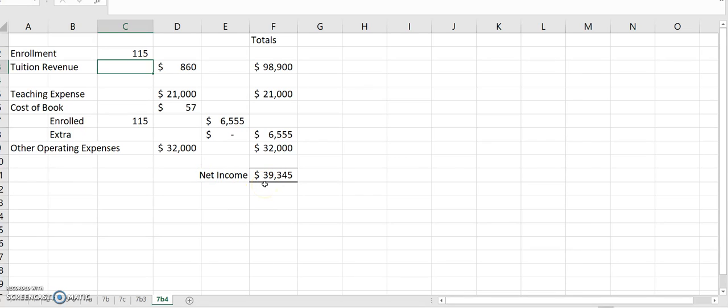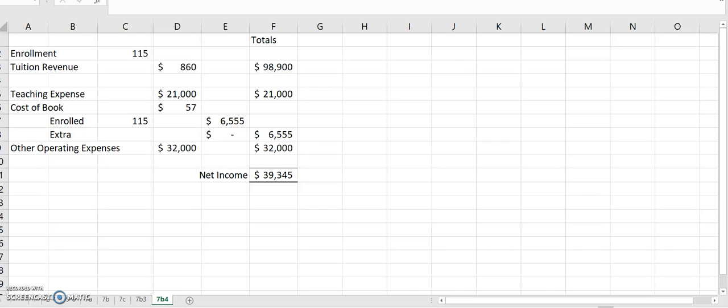Well, we're able to generate $39,345 in net income. We're able to capture those 115 students. We still are only paying our teaching expense of $21,000, our other operating of $32,000, and our higher book costs for that increased enrollment. So our net income in that scenario would be all the way up to $39,345.